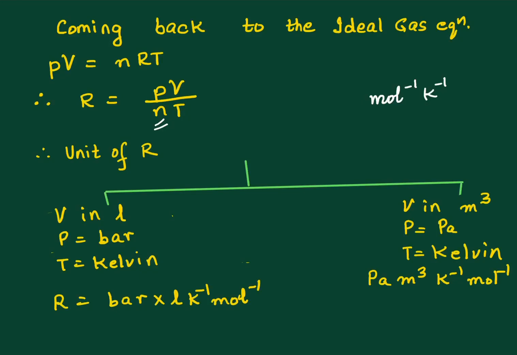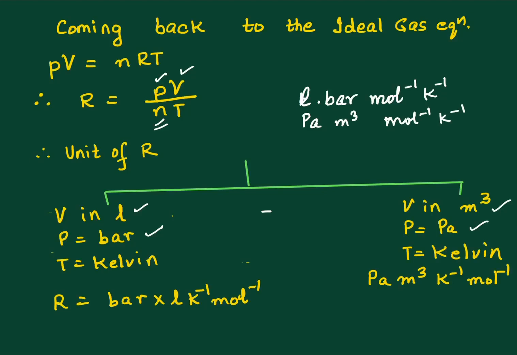What we are left with to see is what is the unit of pressure and volume you are using. If you are using volume in liters and pressure in bar, so you will have liter into bar, right? If you are using volume in meter cube and pressure in pascals, then obviously, you'll have pascals meter cube per mole per Kelvin. Per mole per Kelvin will always be there.